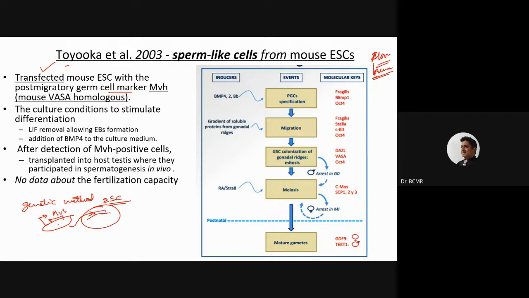Because there is a strong promoter, you will have the mouse Vasa homolog expression, because of which the embryonic stem cell has become something like a sperm or a precursor of sperm.